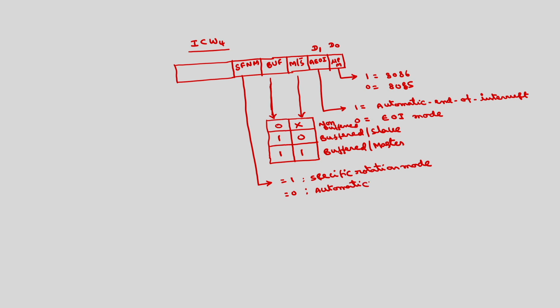In automatic rotation mode, the priority recently served will be given the lowest priority, and the priority will be assigned in the order of the IRs. Whereas in specific rotation mode, the lowest priority can be assigned to any of the IRs by the user.